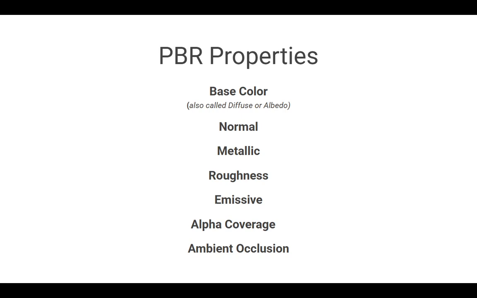All right, the next two are metallic and roughness. These are values from 0 to 1 each, and it's basically how metallic it is. A high metallic object is going to be very reflective. Roughness is how well that reflection holds up, so a low roughness is going to be very reflective.